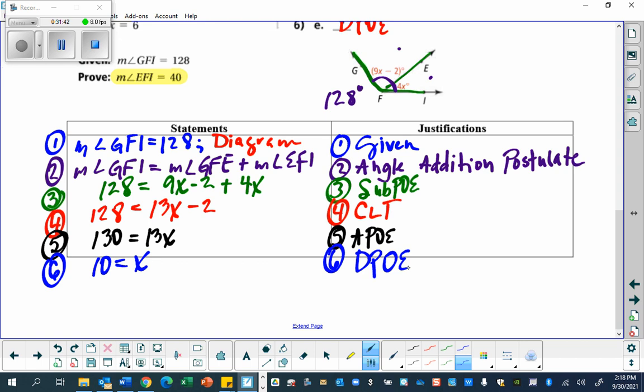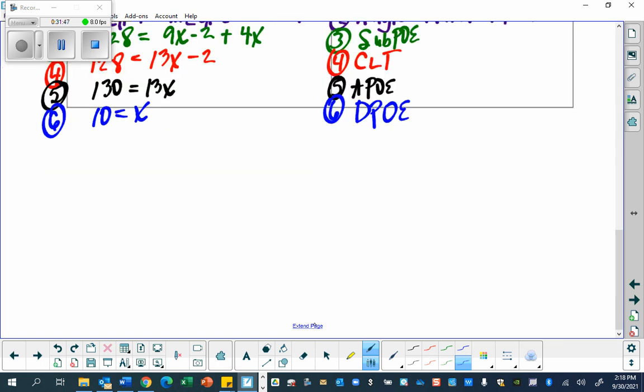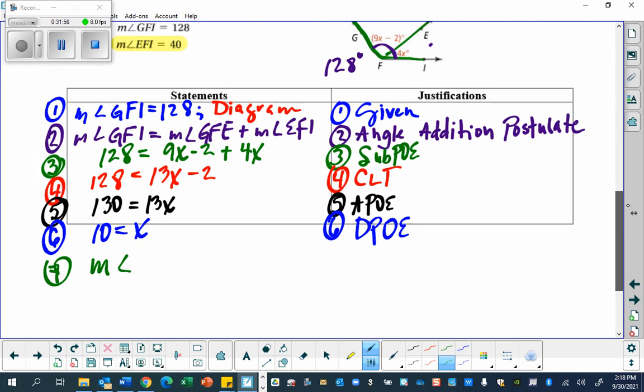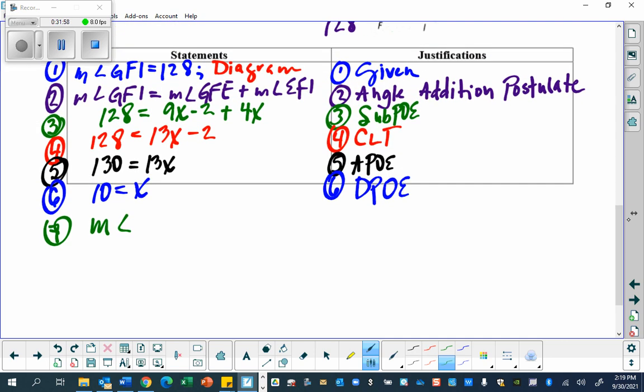4 times 10, right? So what you want to do then is go back to that conversation about how you know that the measure of angle EFI is equal to 4 times 10. I got that by substituting that value for the variable x.